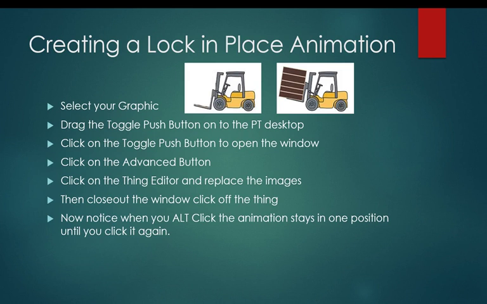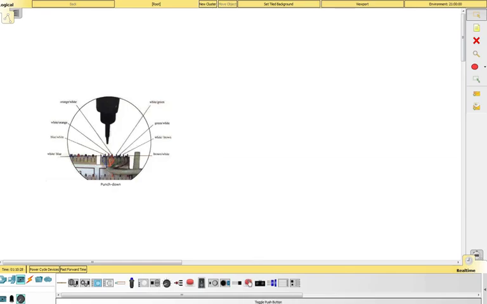Now we're going to create a lock-in-place animation. First, we select your graphic that you prefer to use. Drag the toggle push button onto the PT desktop.